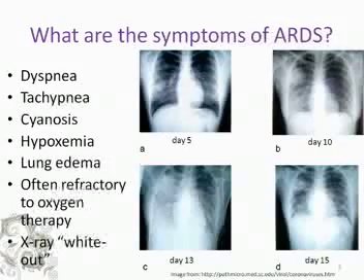Day 13 is probably the greatest progression of the disease that I can see from these radiographs. If you go back and forth with your eyes from day 5 to day 13, look at the outline of the lung. There is a whiteout within the lung tissue, and that's because of the edema, the fluid pooling within the lungs.